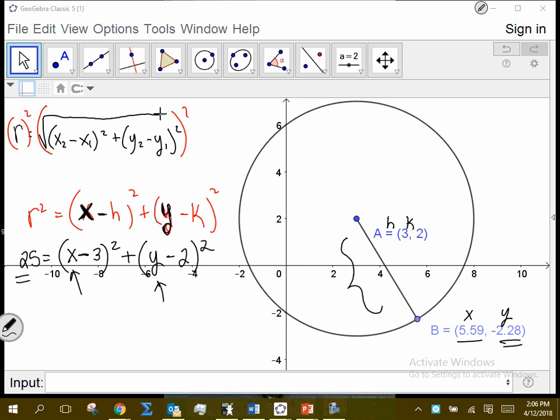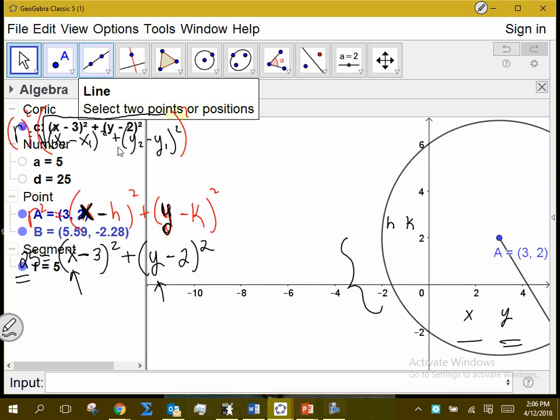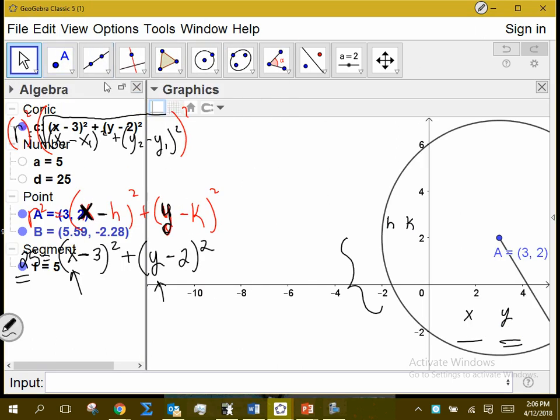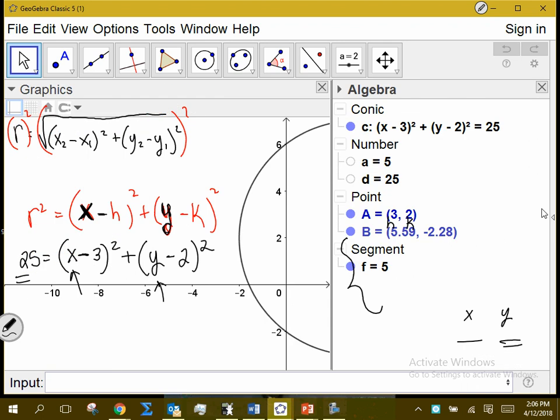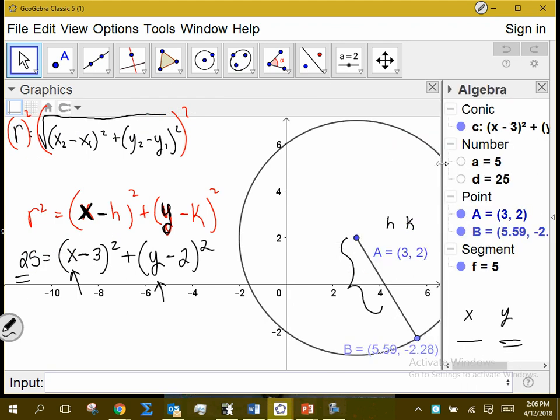Okay? So let's see if we can show this real quick. The algebra on this side. If I take the x of point B, and then subtract from it 3, and then square that, okay?